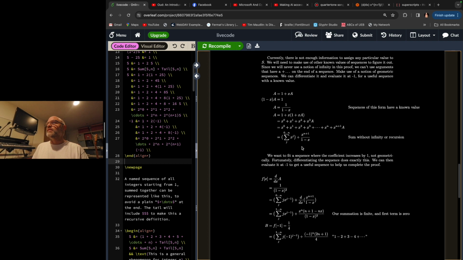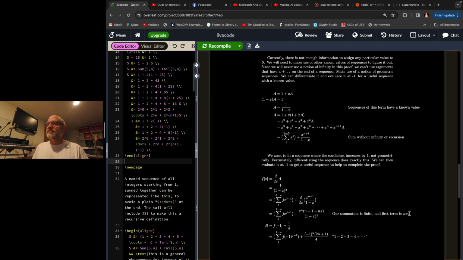Also, just notice that if I differentiate this whole thing, I would end up differentiating the tail as well. Because we're not dealing with infinite sequences, I have more flexibility in doing things with the summation without breaking anything. So our summation is finite.